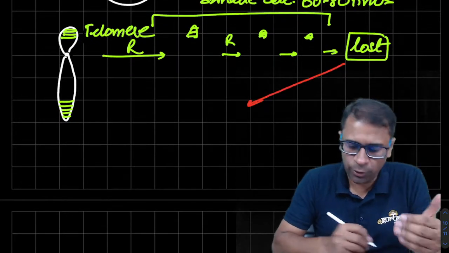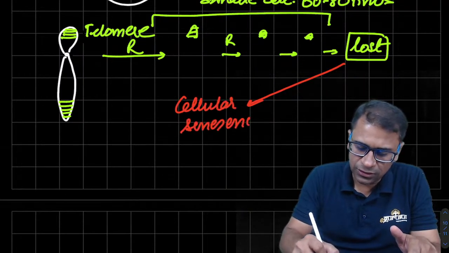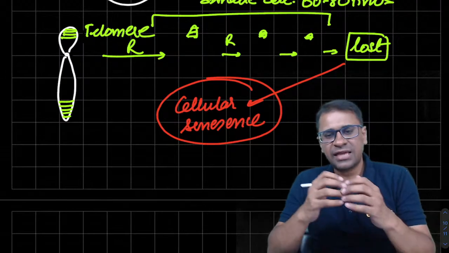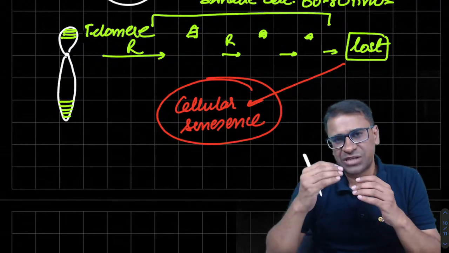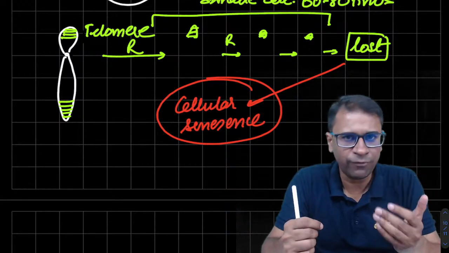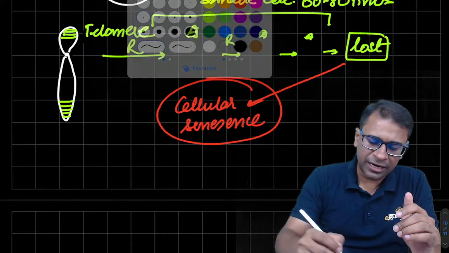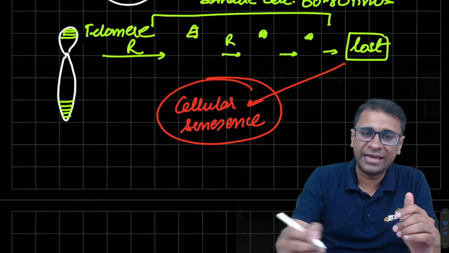We can call this point cellular senescence. So guys, what is senescence? Senescence is a state of a cell beyond which it fails to replicate. So now, how can a cell delay the aging process?